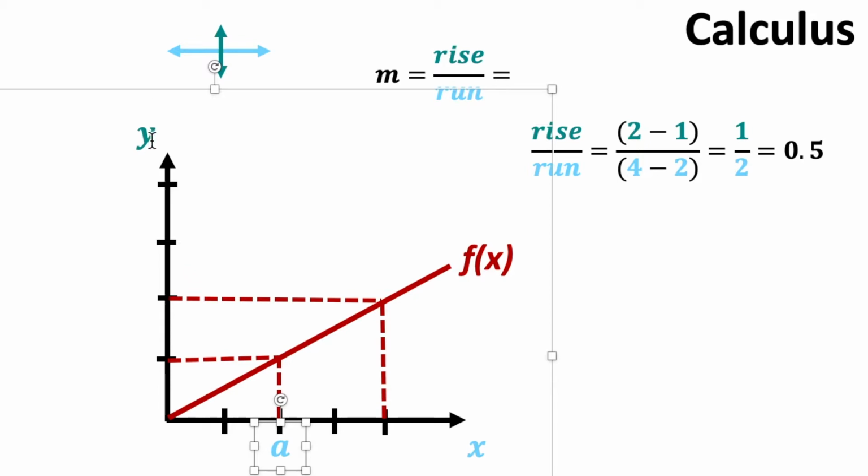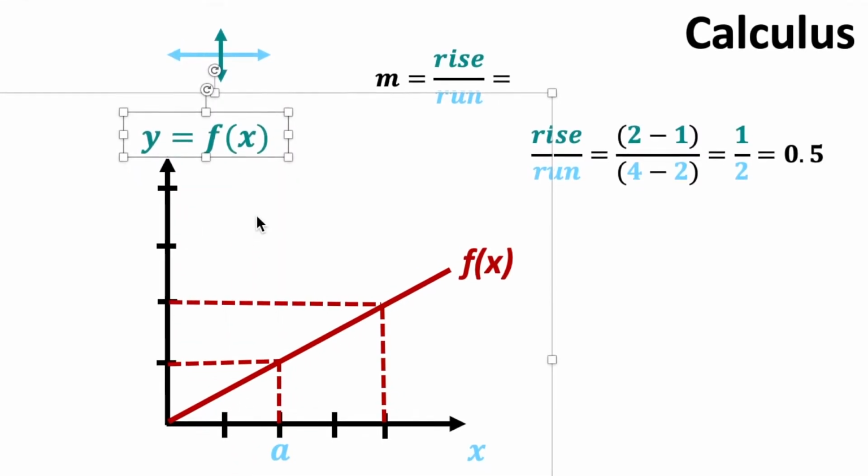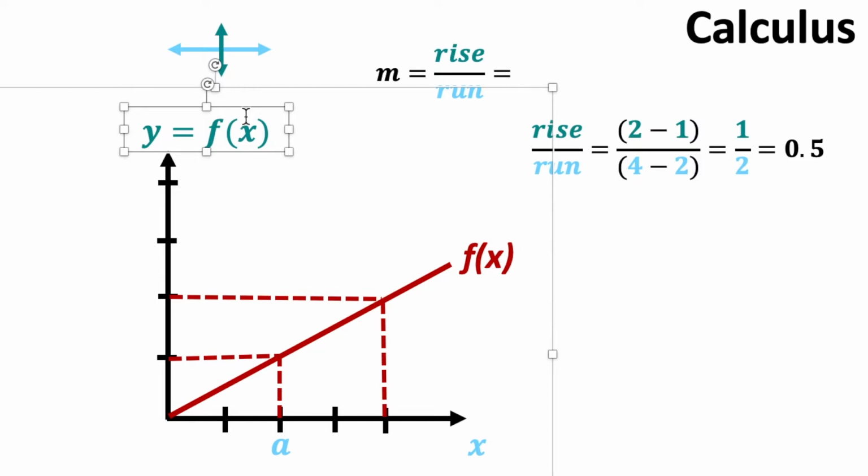And I may have mentioned it before, but you know how you can annotate y? You can also call it f of x. Just like this. So y and f of x are actually the exact same thing, because f basically says that it's a function in terms of x.